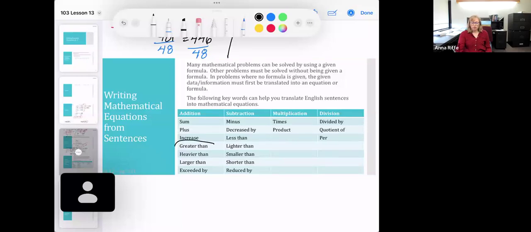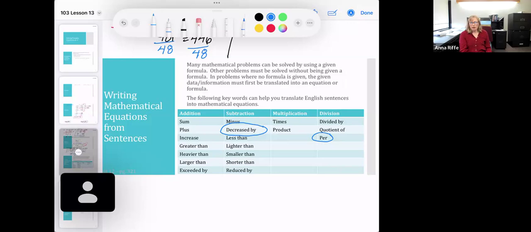If you see the term greater than in a sentence, you want to think, well, two things are being added together. Or if you see something has been decreased by another thing, then that indicates the mathematical operation subtraction. If you see the word per, so miles per hour, for example, then that indicates division.